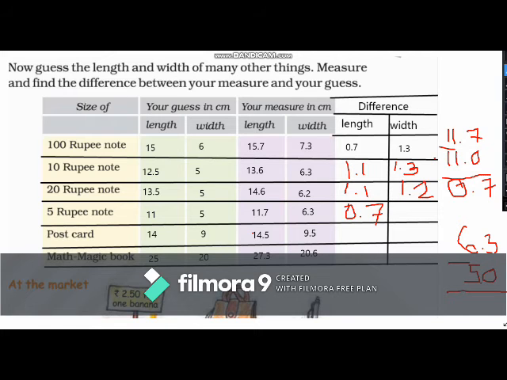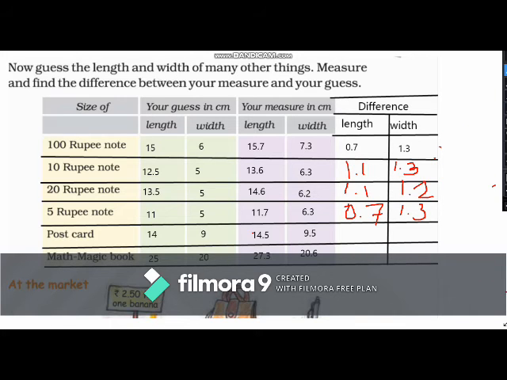So 3 minus 0, 3. Here the decimal point, and 6 minus 5, 1. So 1.3 is the difference in our measure and in our guess of the 5 rupee note.